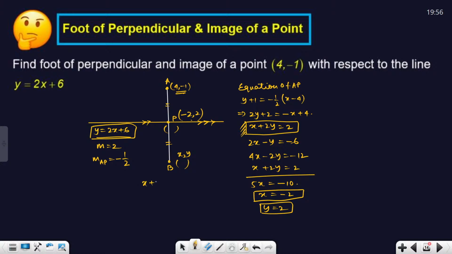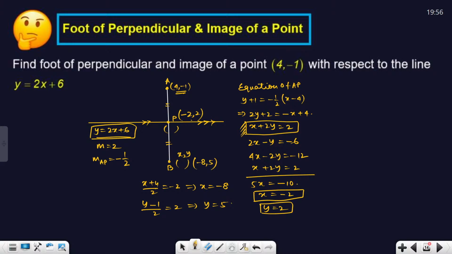So (x plus 4) over 2 will be minus 2, which implies x is minus 8, and (y minus 1) over 2 is 2, that gives us y equals 5. Therefore, the image of the point (4, -1) with respect to the line y equals 2x plus 6 is basically (-8, 5).